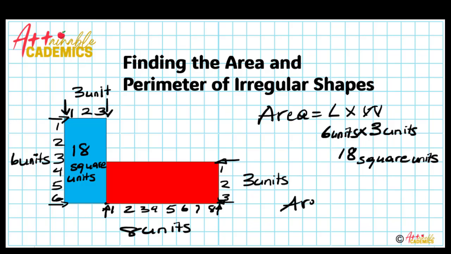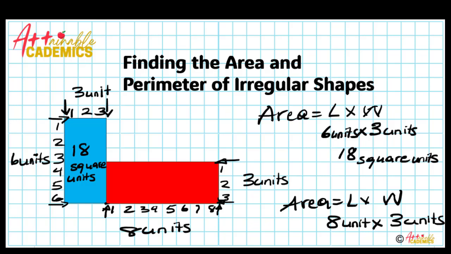So again, area is equal to length times width. To get the area of the red rectangle, we're going to do 8 units times 3 units. Now remember, when we get our answer, we must place it in square units.